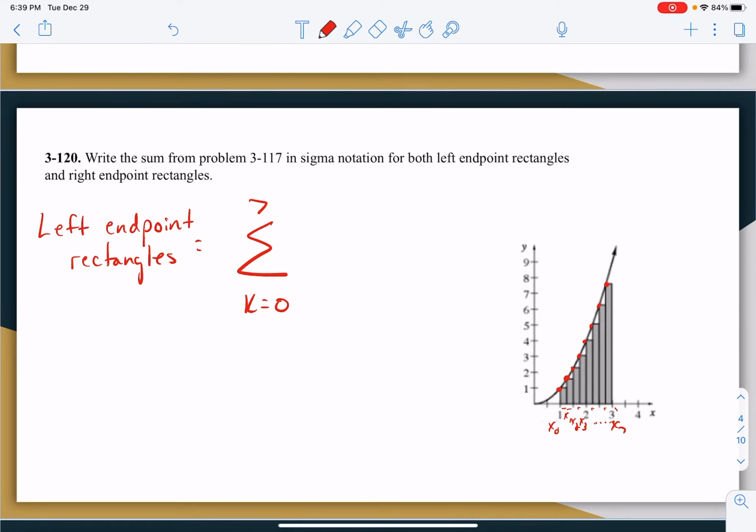And finding the area of each rectangle, my width is now 0.25. And my height is (0.25k plus 1) squared, times the width of 0.25.